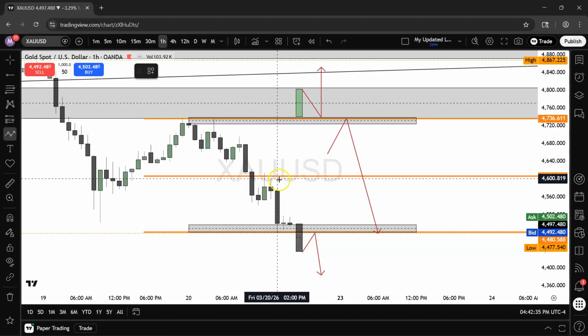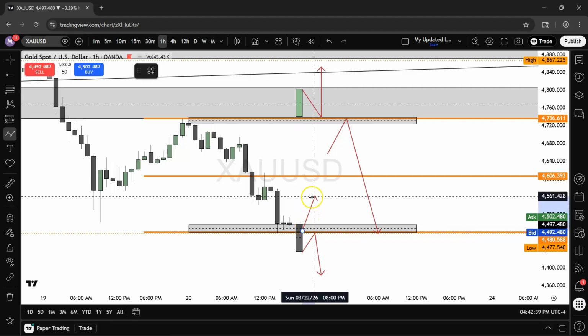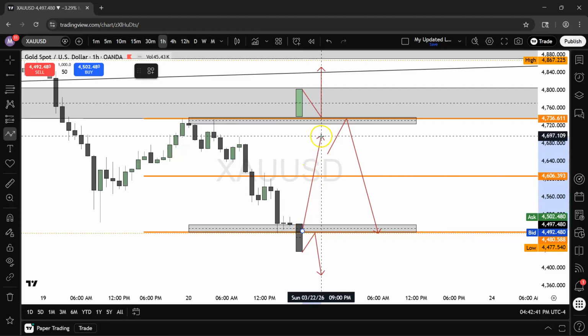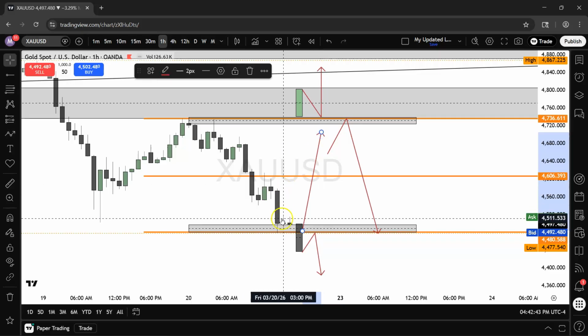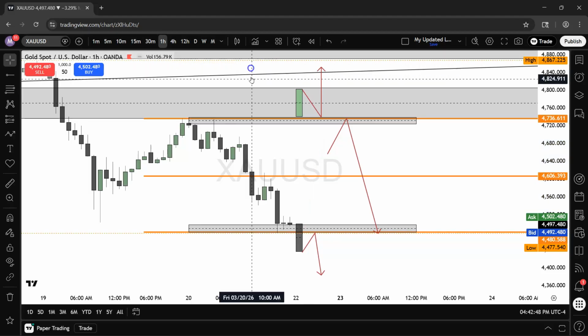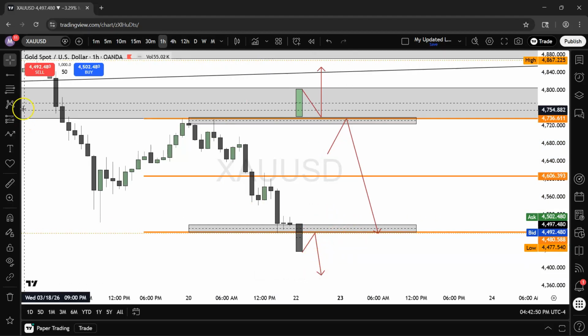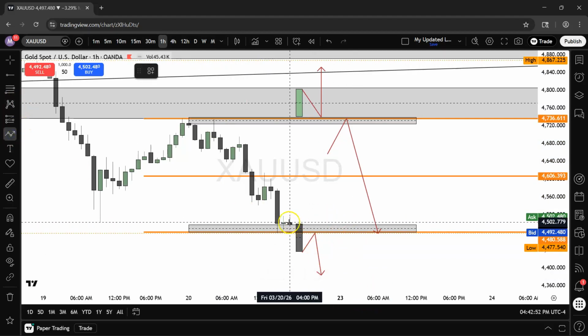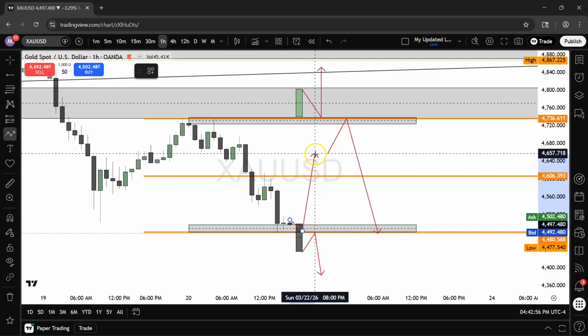Right at this area. Bounces off the line to trend higher. Okay, so let me clarify that. Market's here, bounces off the line, and then makes its way back up to this line.